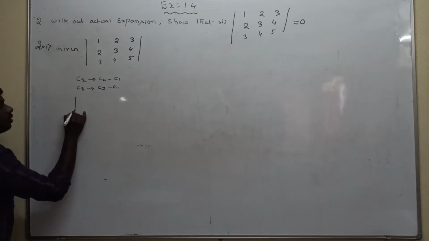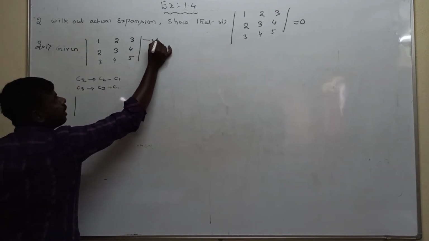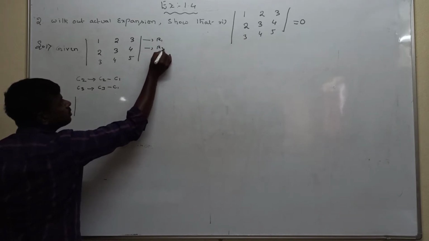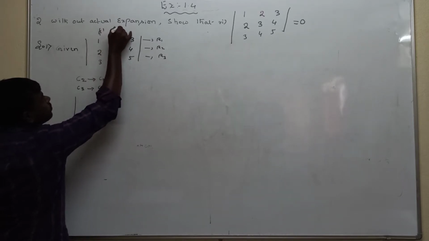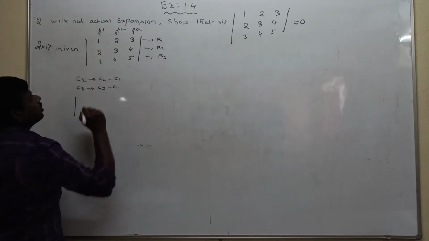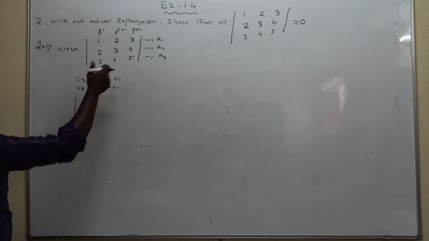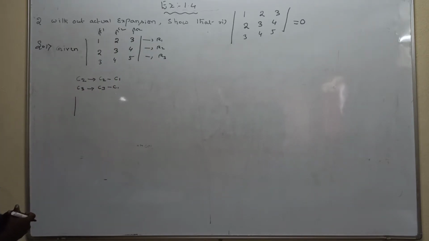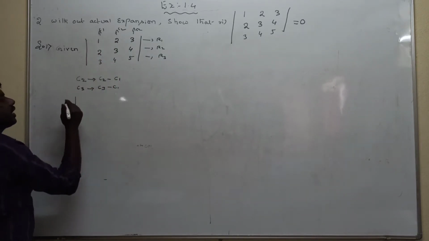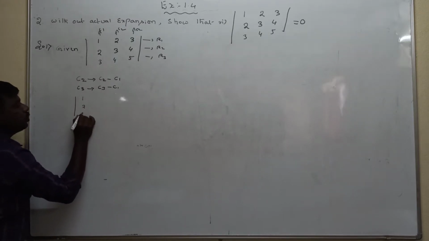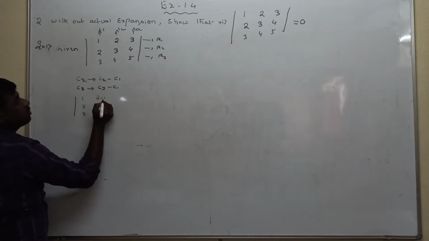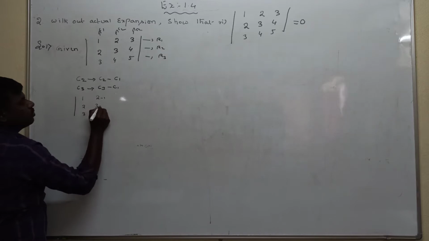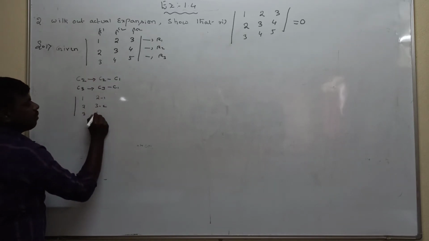Now see here: horizontal elements are called rows, vertical elements are called columns. Now only the second and third columns are changing. The first column does not change, so it stays 1, 2, 3. Now the second column changes to second column minus first column: 2 minus 1, 3 minus 2, 4 minus 3.